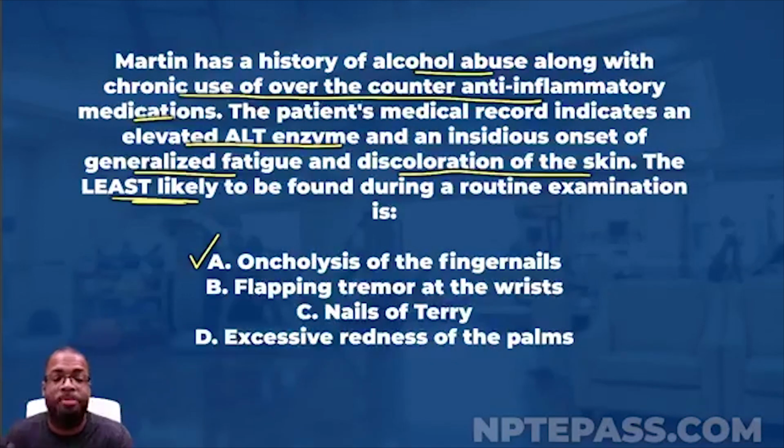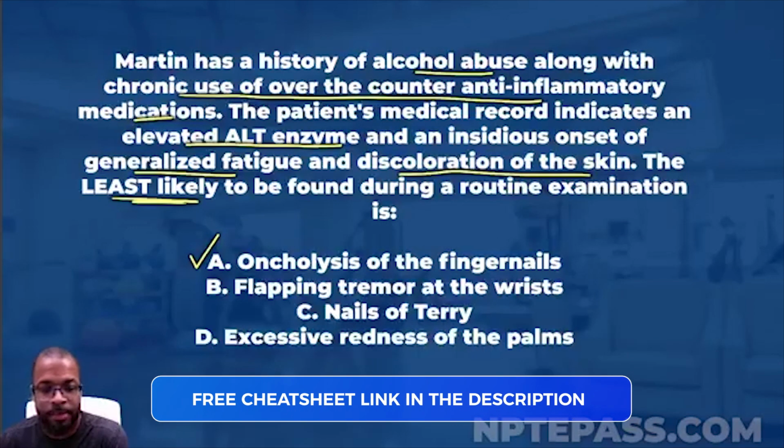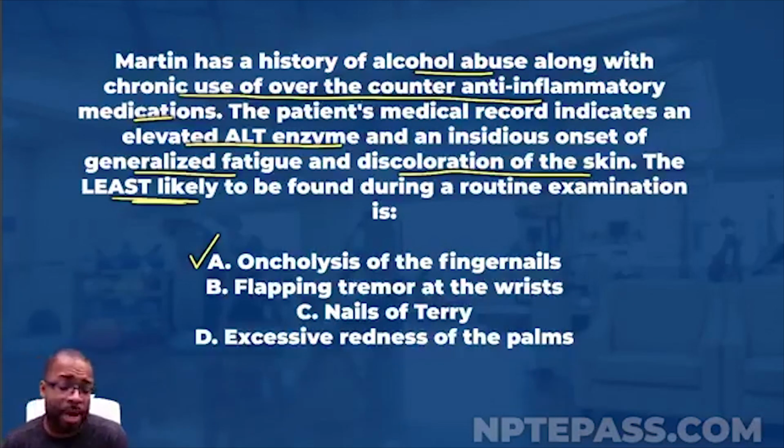But let's look at B. B says flapping tremor at the wrists. Now, this is one that you can look up in your Catherine Goodman book, Differential Diagnosis, or the pathology book, and go through there and you'll see the flapping tremor at the wrist. It's also known as asterixis.